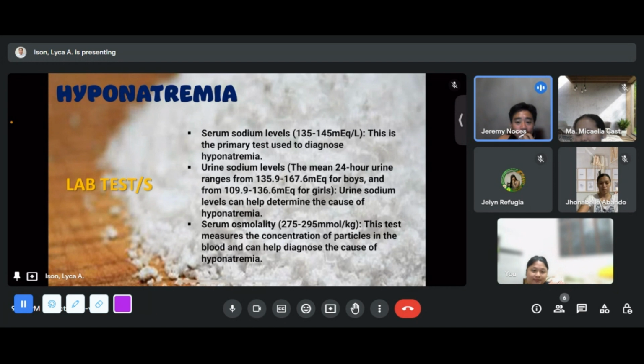So, ito naman yung mga lab test na pwede gawin para ma-determine kung may hyponatremia ka. So, it also includes the normal level of each test. So, next.